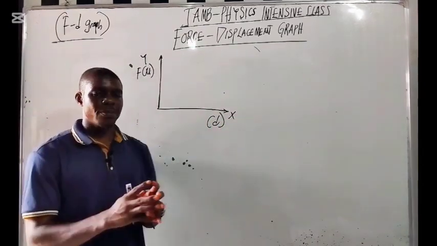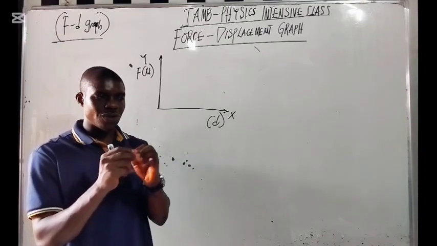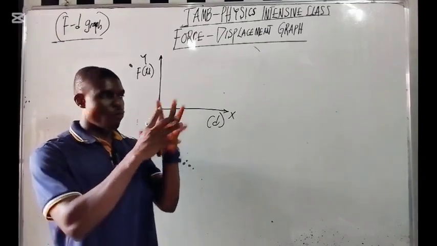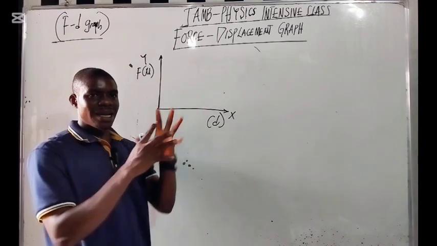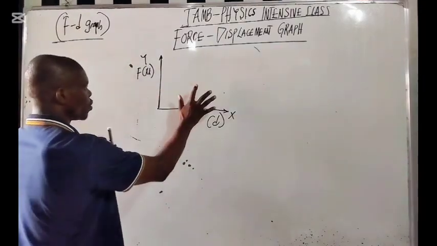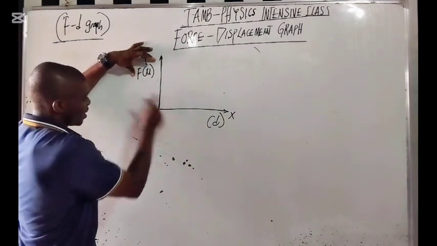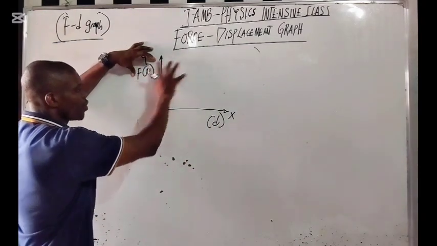The question given to you will determine the shape you are going to get here. To get the work done, when you plot a graph of force against distance, you are going to get a shape.